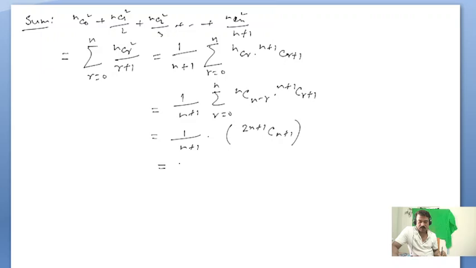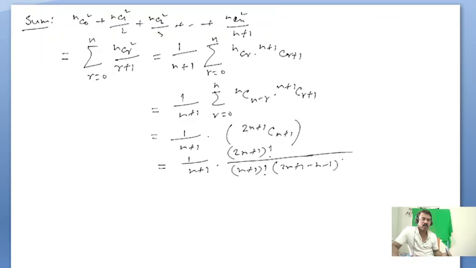Now 1 by n plus 1, we expand this: 2n plus 1 minus n minus 1, that is 2n plus 1 minus this minus 1 factorial. Okay, 1 by n plus 1 into 2n plus 1 factorial divided by n plus 1 factorial.